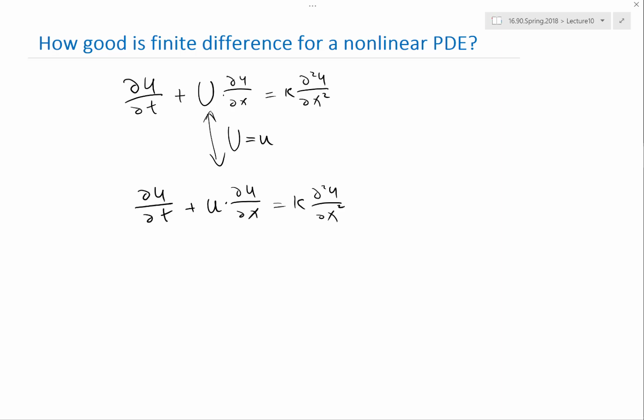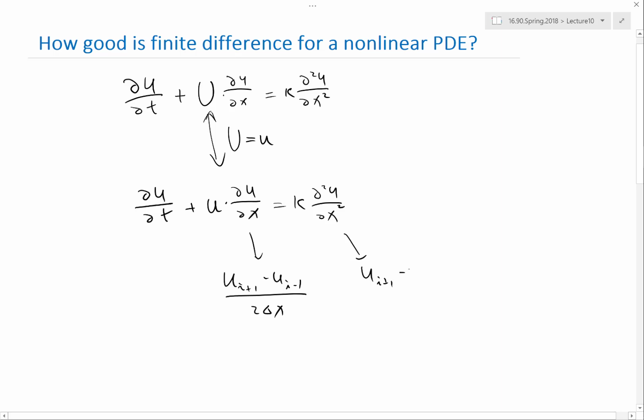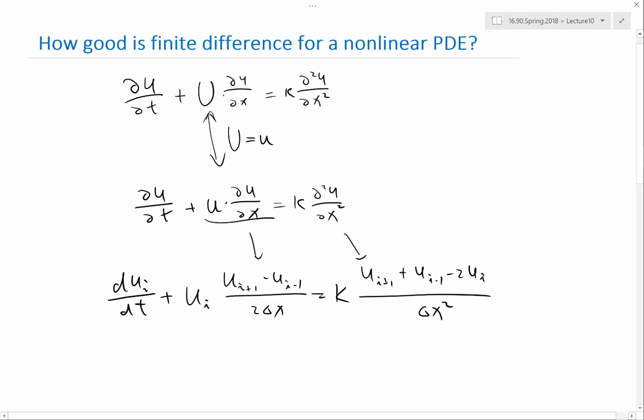But no matter what, we can still solve this differential equation using finite difference, as long as we approximate this as u i plus 1 minus u i minus 1 over 2 delta x, and approximate the second derivative by this over delta x squared. The whole of this term is just going to be u i times this. So we can just write down the discretized scheme to be that. We have no problem coding that up in MATLAB and solving it.